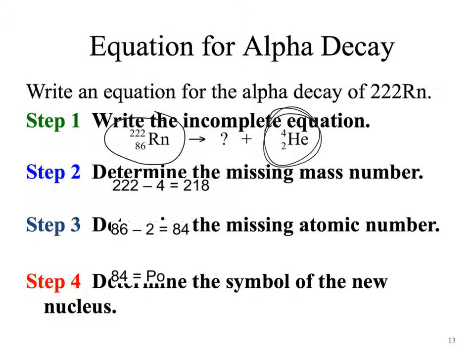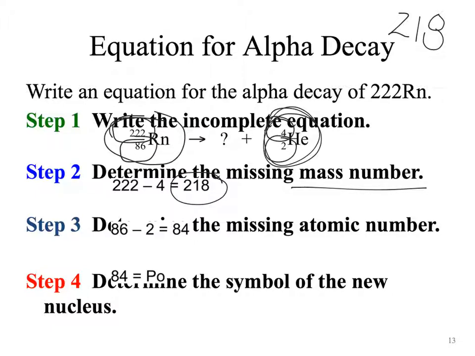So the first thing is determine the missing mass number. So we take 224 minus 4, that is 218. So we know that in here we're going to have an element that has 218 as a mass. We do the same thing for the protons. 86 minus 2, that's 84.